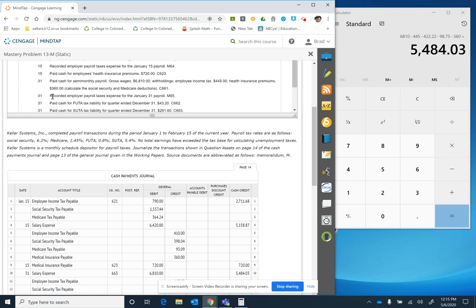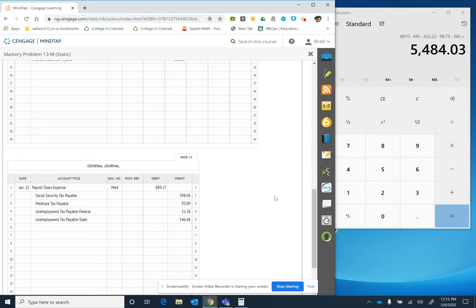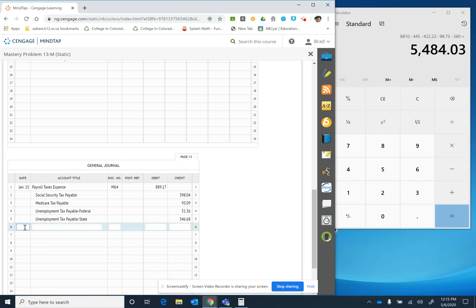And as you know, anytime that we make a payment for our semi-monthly payroll, we also have to record our employer payroll taxes for that two-week pay period. So we're going to go down to our general journal and record that. We're going to have the 31st here, and we're going to list the same things. Payroll taxes expense.